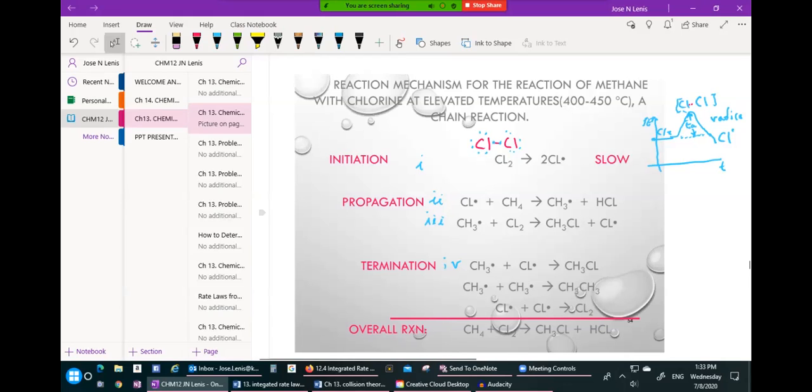And we represent that mechanism using different steps. Steps 1, 2, 3, 4. And every step of those is called an elementary step. So every elementary step shows only one part of the process.